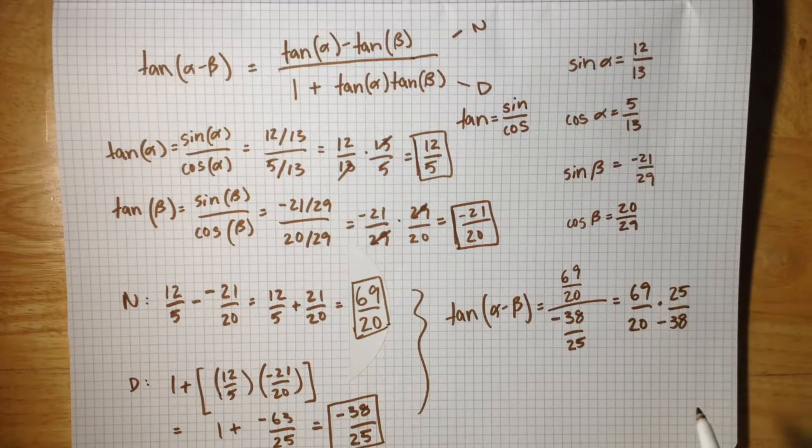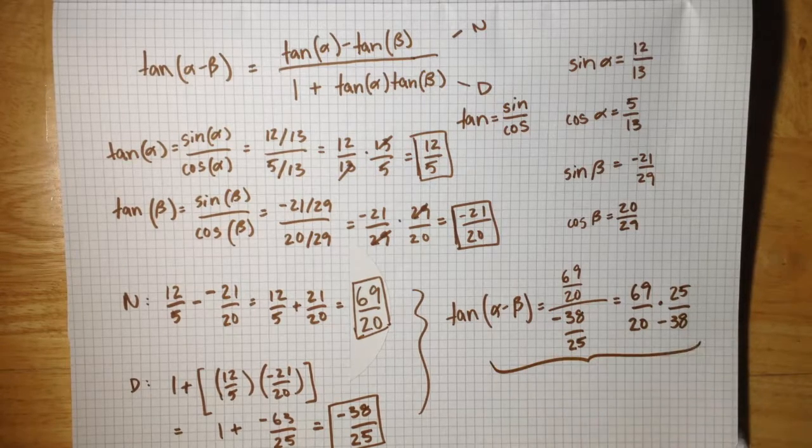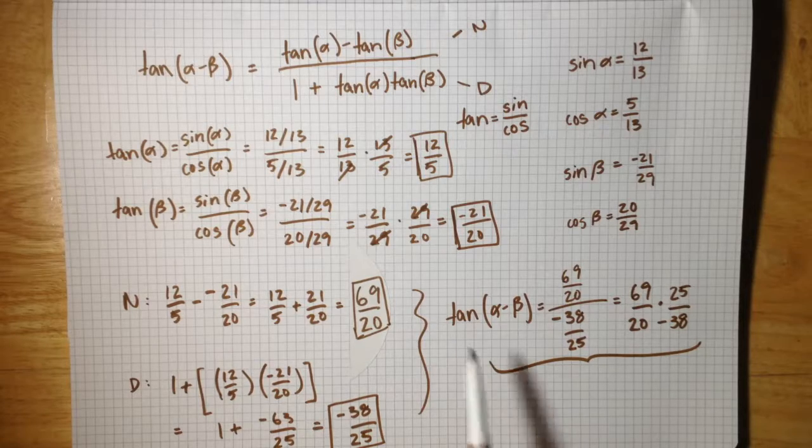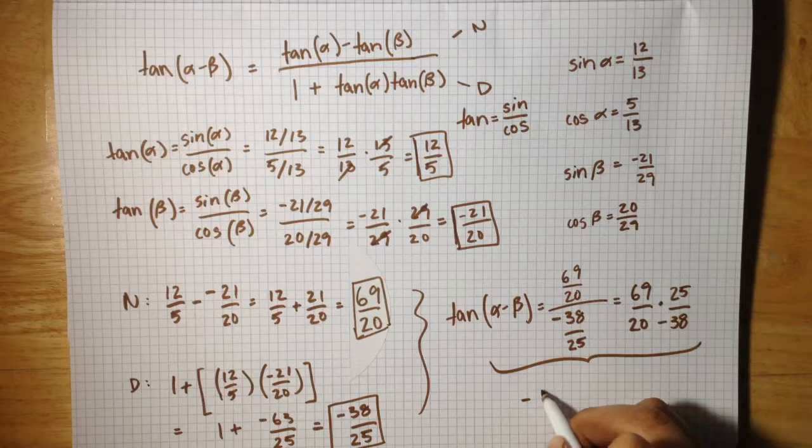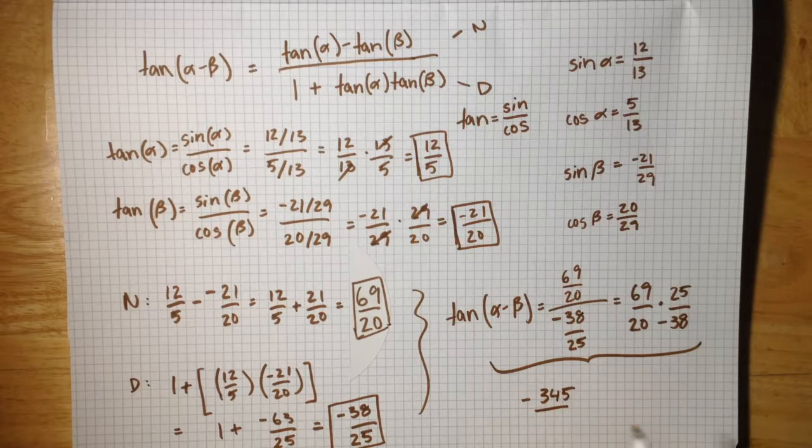Can simplify these or put it into your calculator, but the final answer for tangent of alpha minus beta is negative 345 over 152.